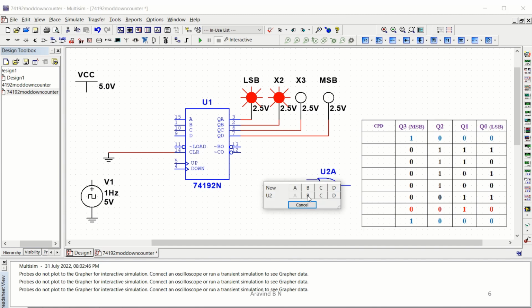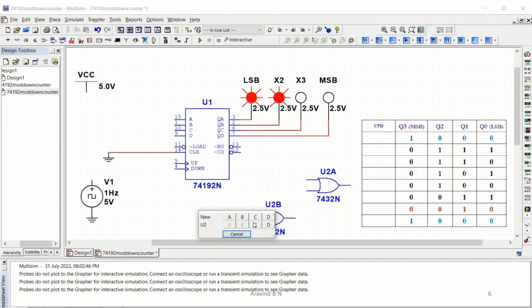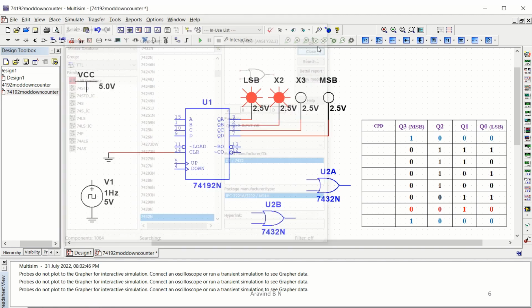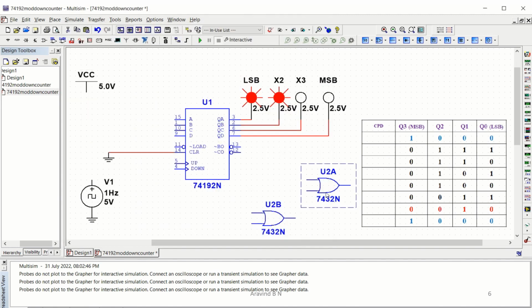Then take the next one and place it over here. So that is enough. I need to rotate this, so use Control R to rotate. Let us take Control R to rotate.